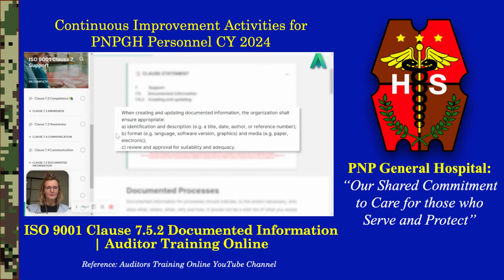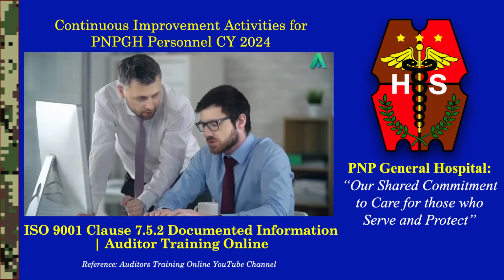Okay, then we have B, format and media. So documented information can be in many formats and media. Okay, I'm probably stating the obvious there. But when we think of documented information, we might traditionally just go back to thinking about written procedures. Okay, but documented information can be in the form of images or graphics.